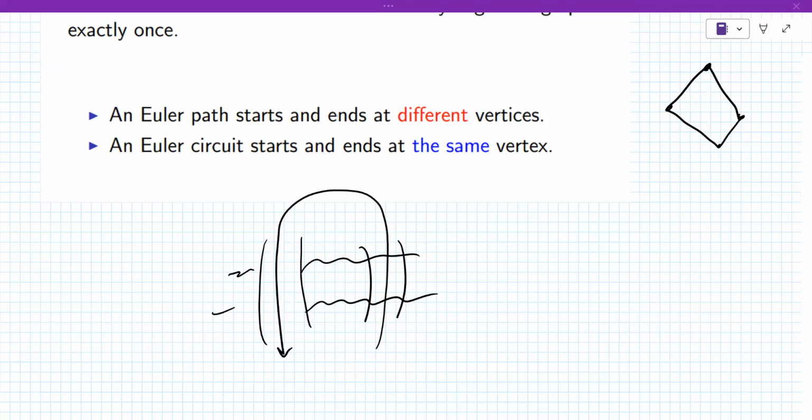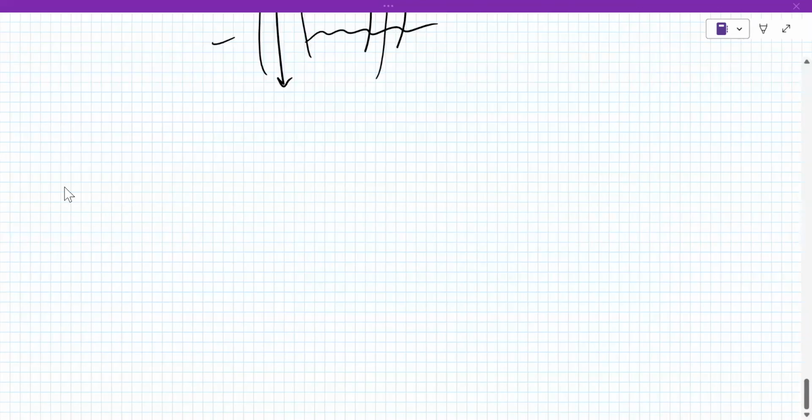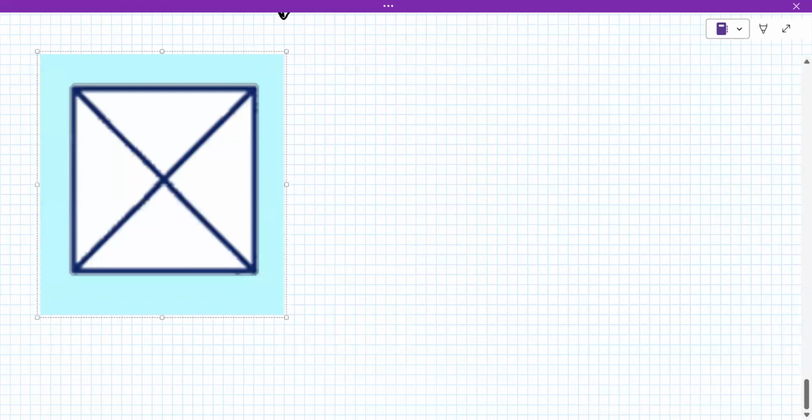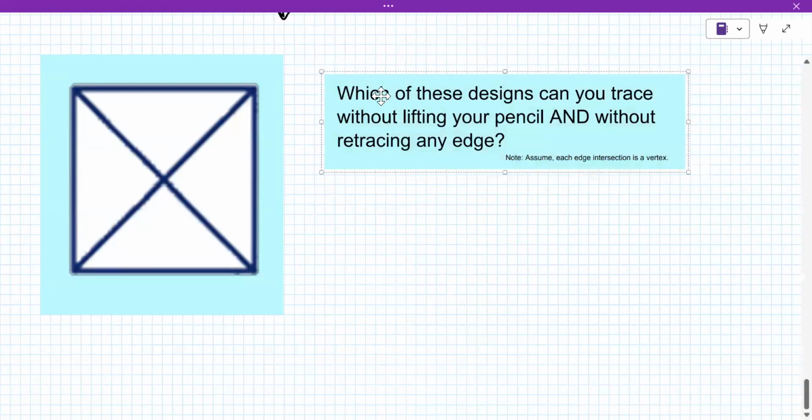So they're problems like this, where it says, let me snip in the instructions here: can you trace this design without lifting your pencil and without retracing any edge? Is it stuff like this? Yes.